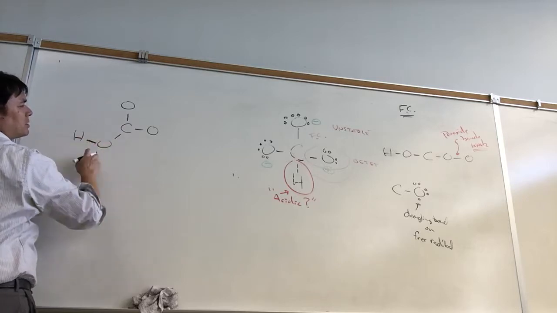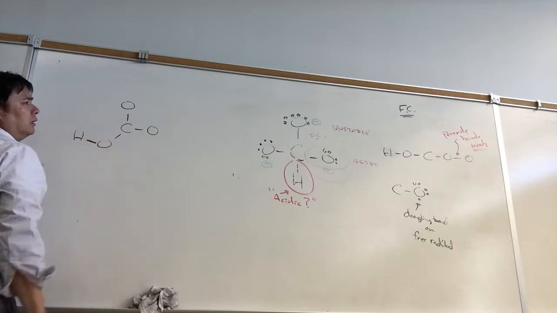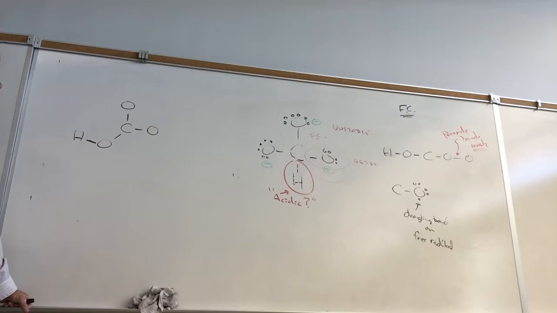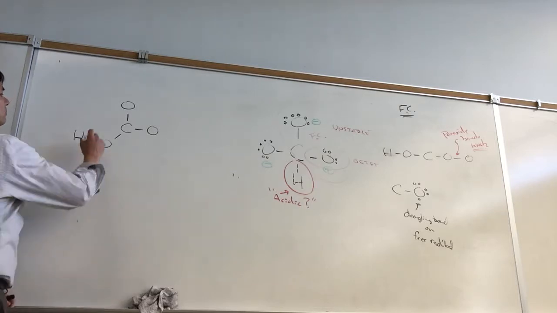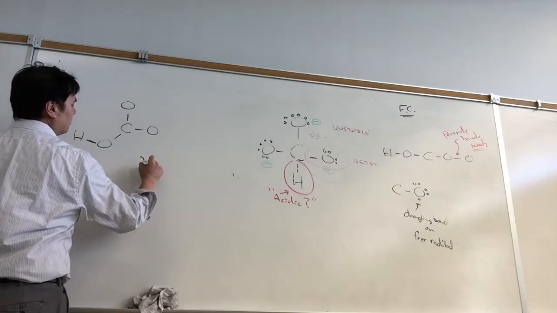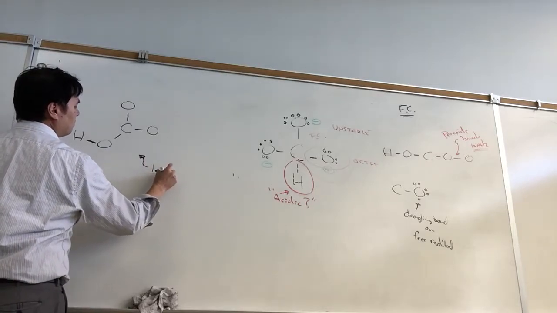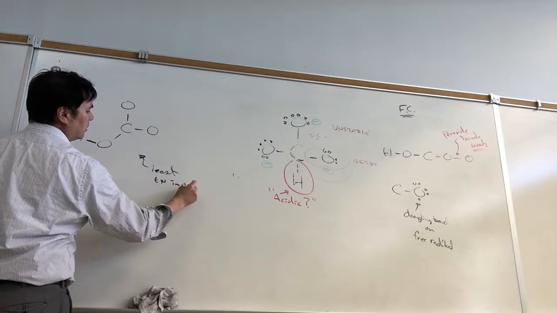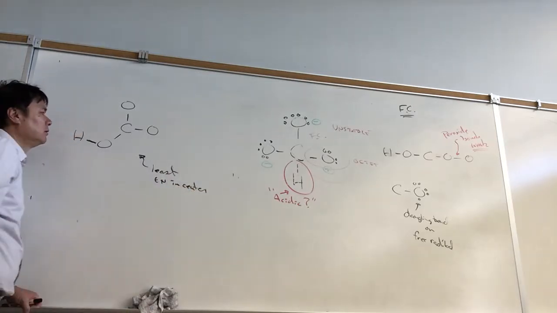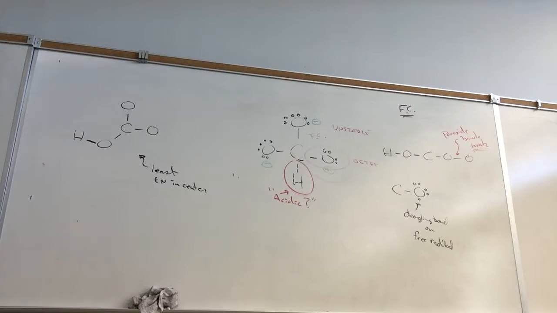Here we don't have any peroxide bonds. Another thing is, we like to keep the least electronegative element in the center. Or the biggest. The biggest or the least electronegative in the center.